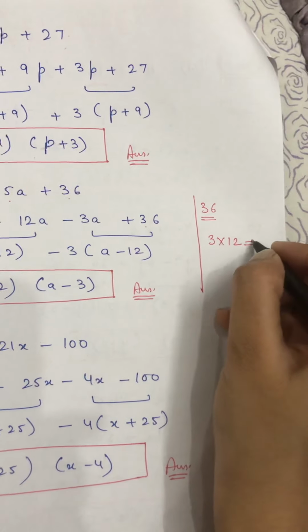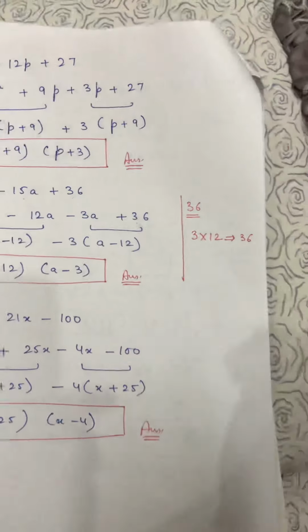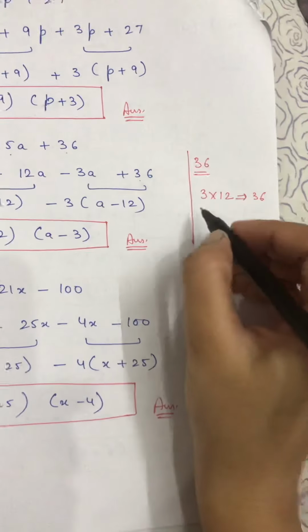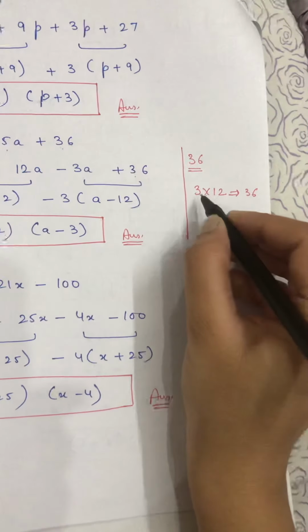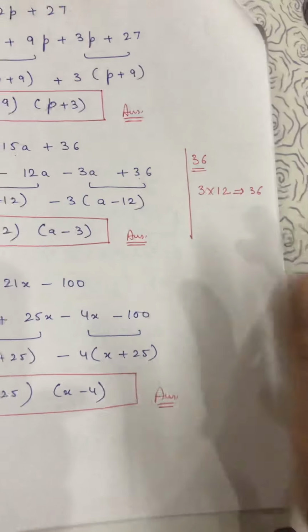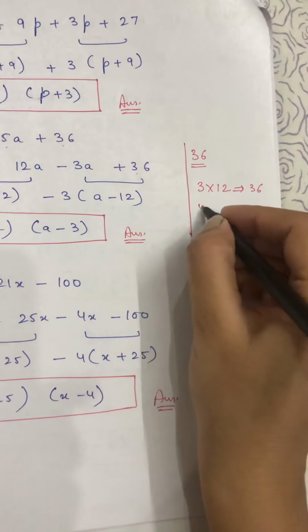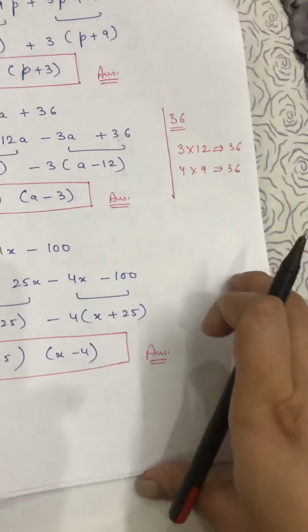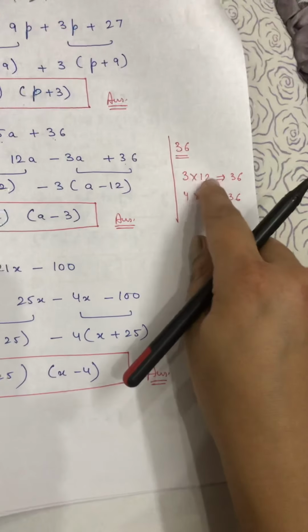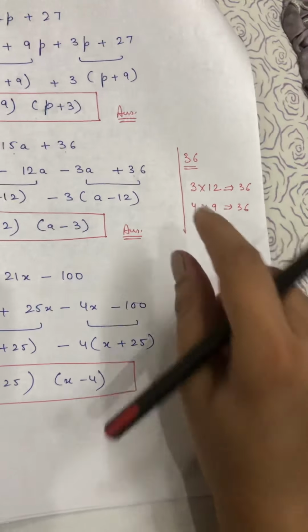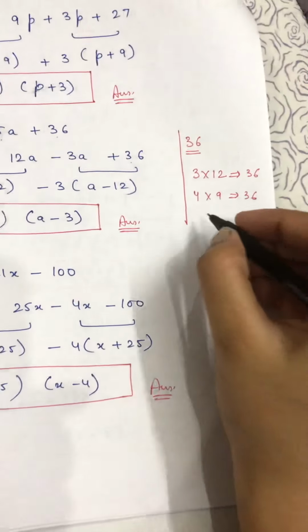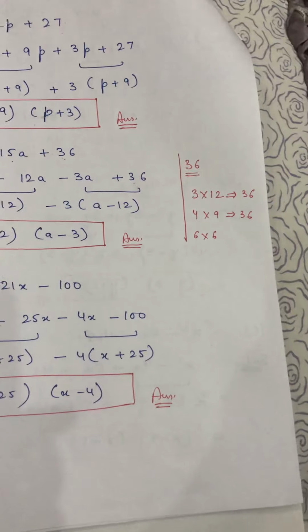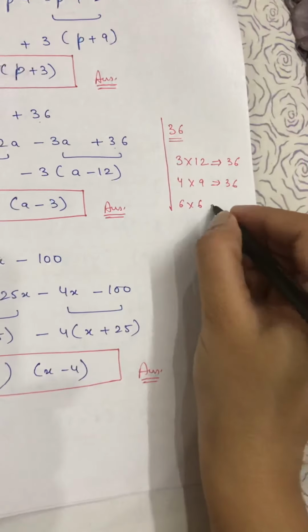Yes, it will be equal to 36. And 4 into 9 is 36. Then 6 6s are 36.